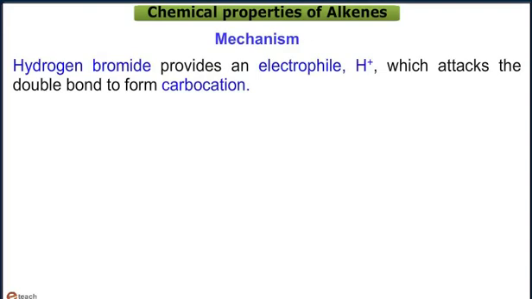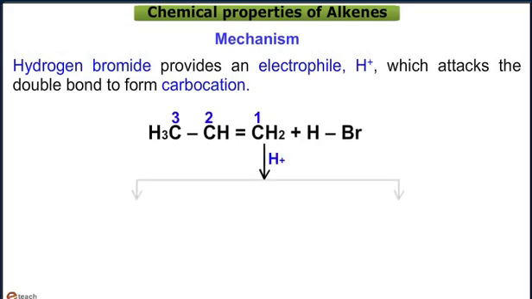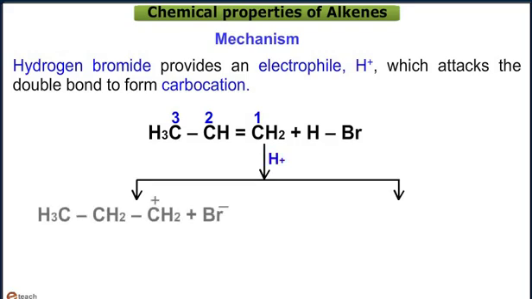Hydrogen bromide provides an electrophile, that is H+, which attacks the double bond to form carbocation. Consider the reaction CH3-CH=CH2 plus HBr. On attack of electrophile it gives CH3-CH2-CH2+ plus Br minus, and also CH3-CH+-CH3 plus Br minus.